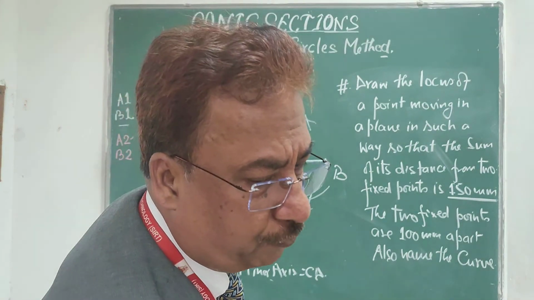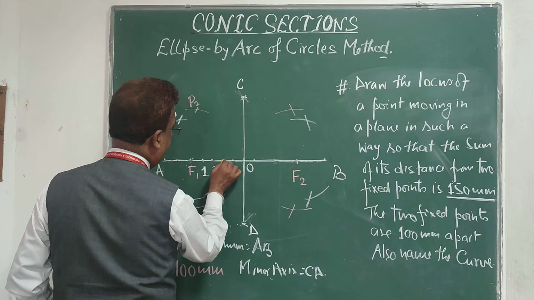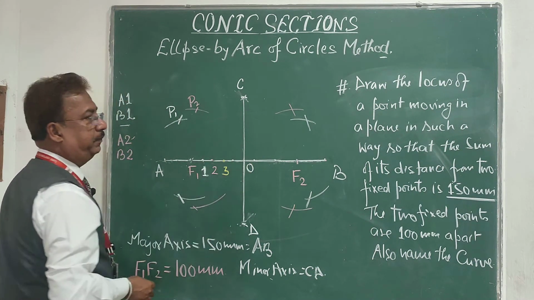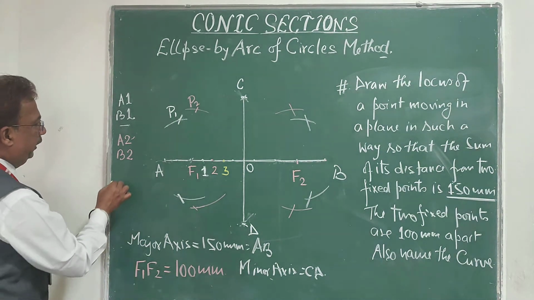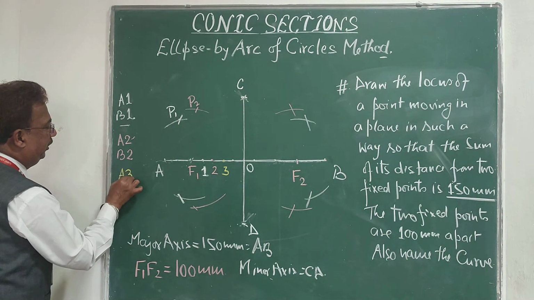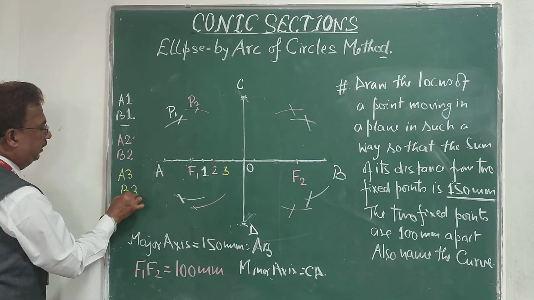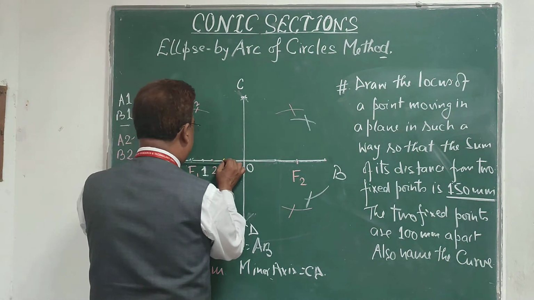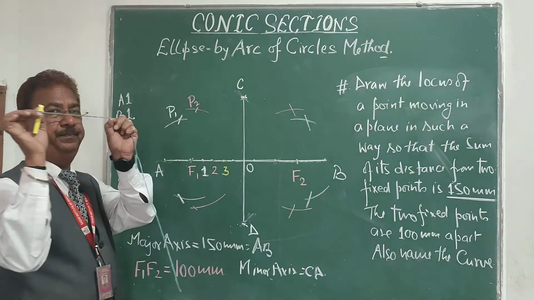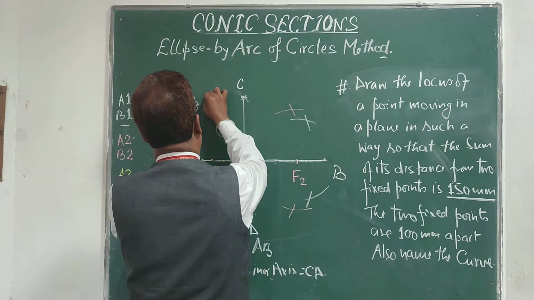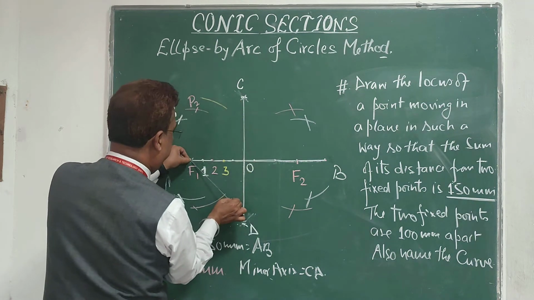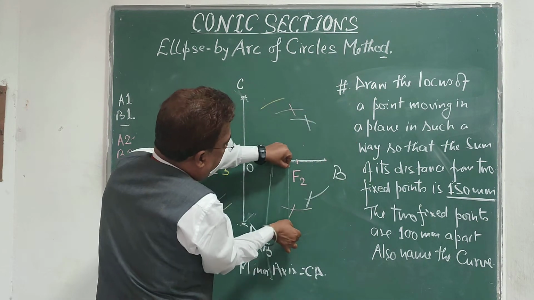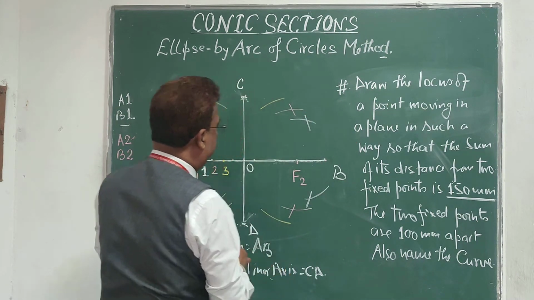Next again I will mark another point, suppose point 3. Suppose again I have shifted 10 mm towards O. Now I am going to use these two combinations, A3 and B3. As you know, A3 plus B3 is always equal to AB. Initially I am going to pick this length A3, and from F1 as center, one arc upside, one arc downside, from F2 one arc upside and one arc downside.